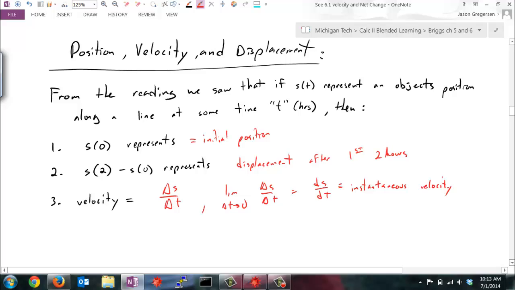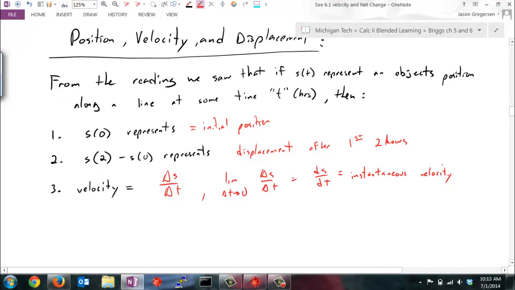And most of that stuff should be a review either from this section or from Calculus 1. Velocity is the derivative of position.